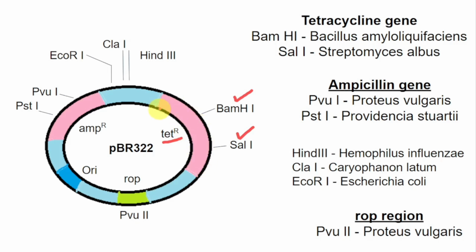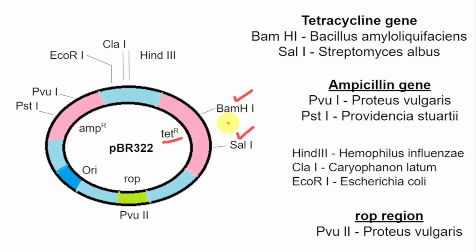Starting from here, the mRNA, the transcript, will be synthesized. If you insert any foreign DNA in between, what will happen? The open reading frame will get disturbed, and therefore the corresponding enzyme will not be synthesized. This kind of loss of gene due to insertion of foreign DNA is called insertional inactivation.